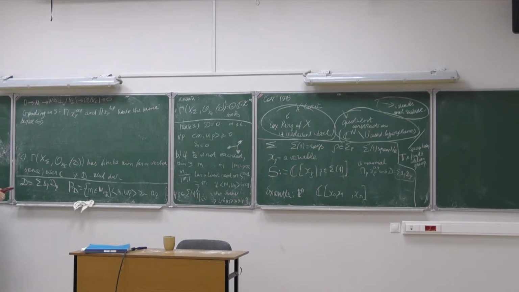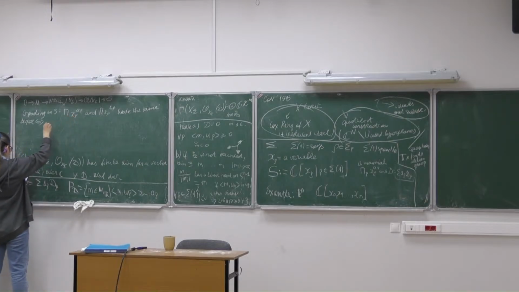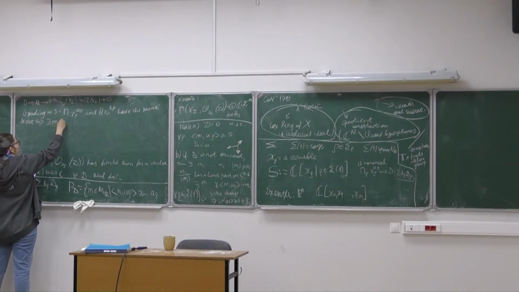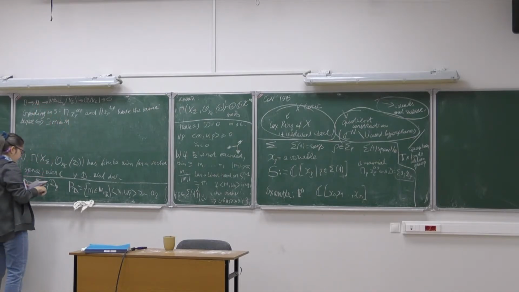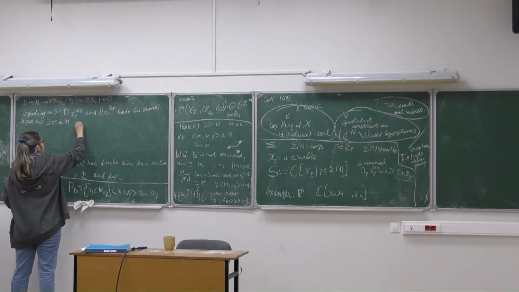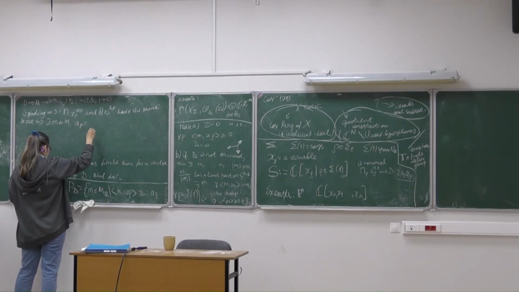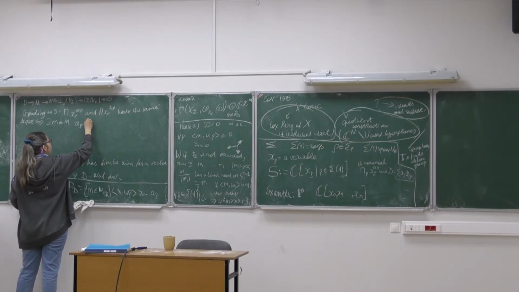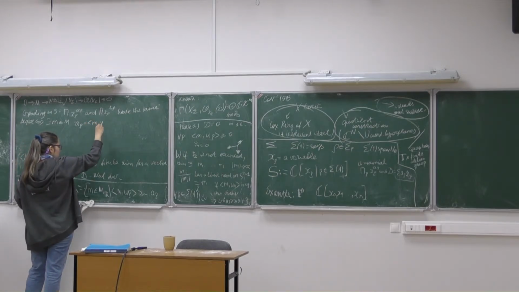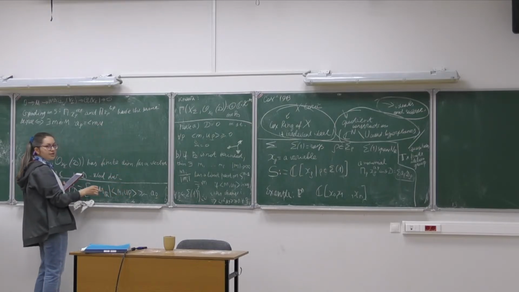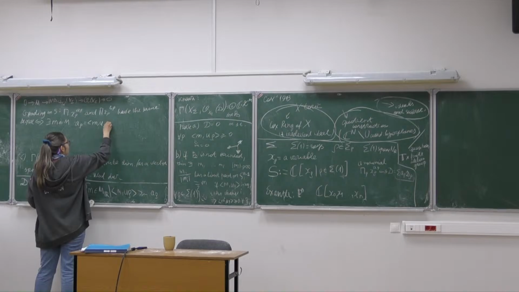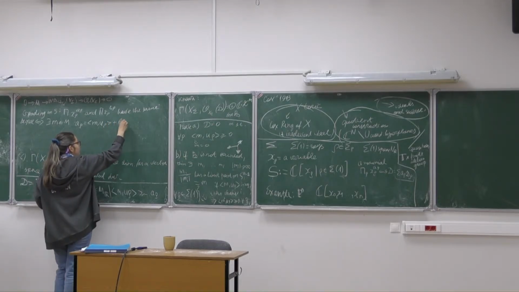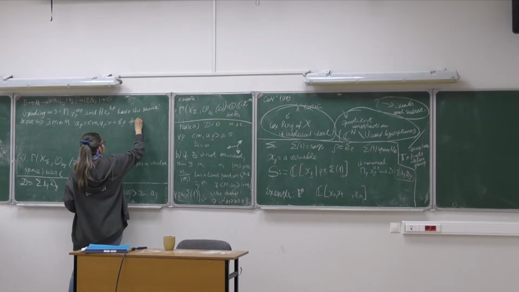So we name these two elements the same if and only if there exists some m, some element from the lattice, such that a_ρ equals ⟨m, u_ρ⟩ plus b_ρ for all ρ. Here u_ρ is the primitive vector on the ray. Is it okay?